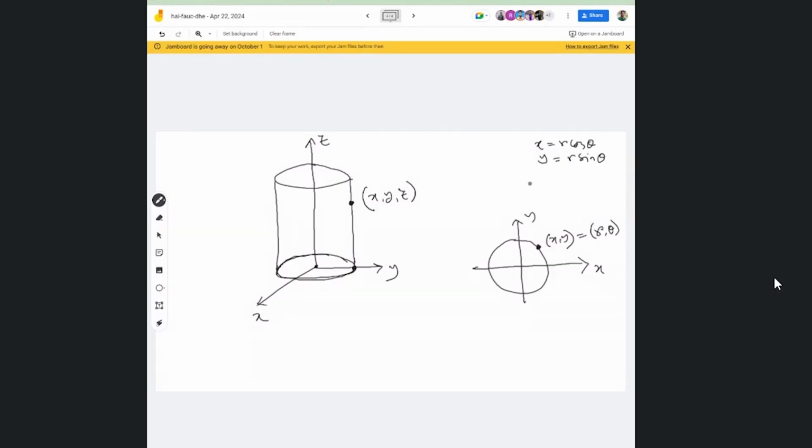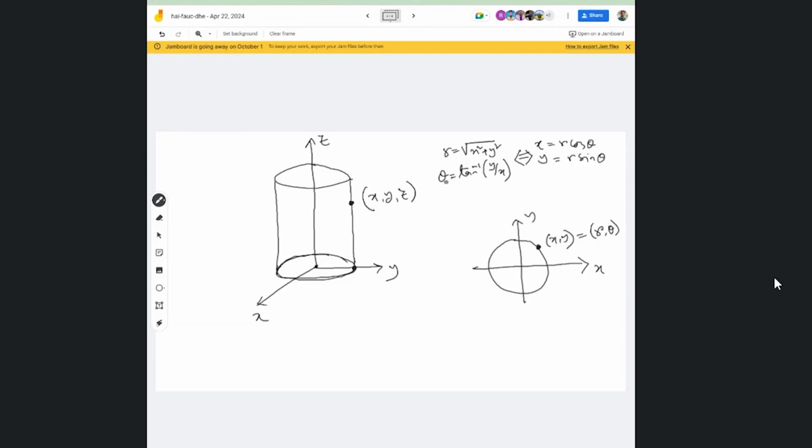So that gives us r equals square root of x squared plus y squared, and theta is tan inverse of y over x. Theta lies between 0 and 2 pi.